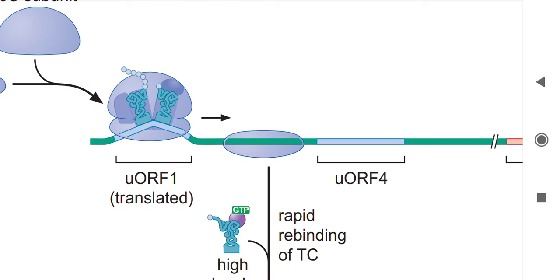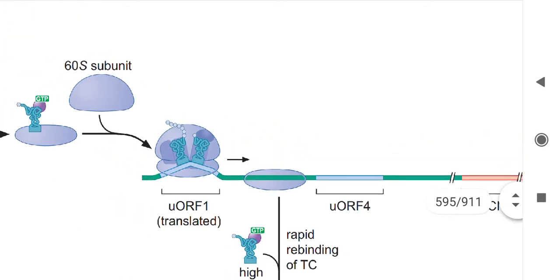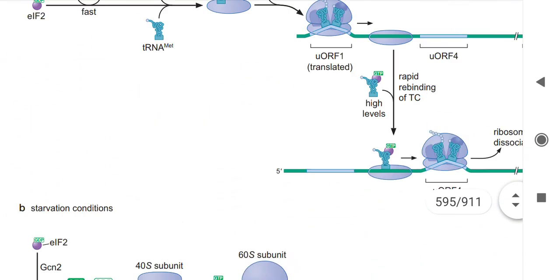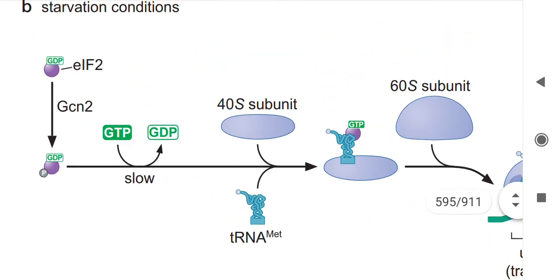Now under conditions of amino acid starvation, what happens? This GCN4 has to be expressed. How is it expressed? Let us see. This is the starvation condition. You can see here clearly. Under the condition of amino acid starvation, EIF2 gets phosphorylated.